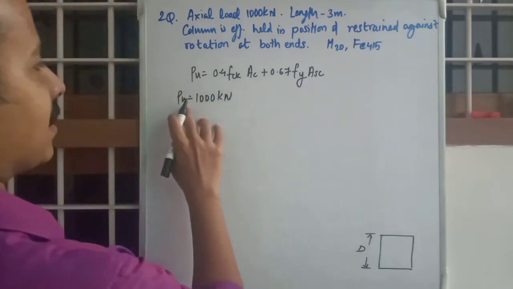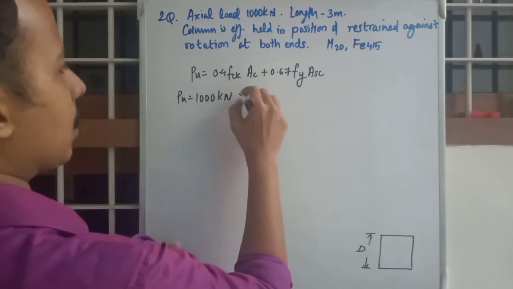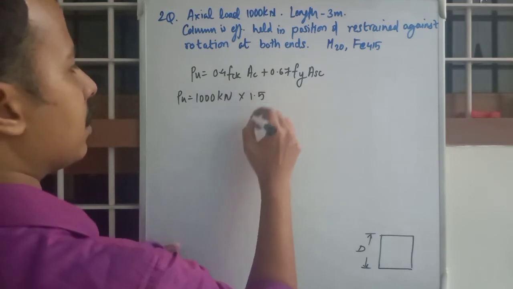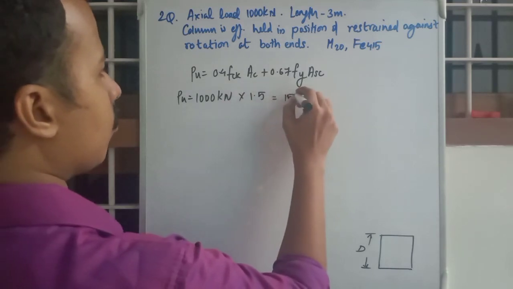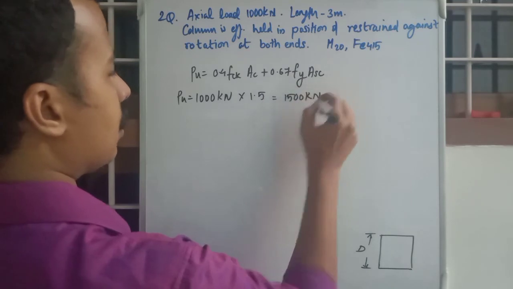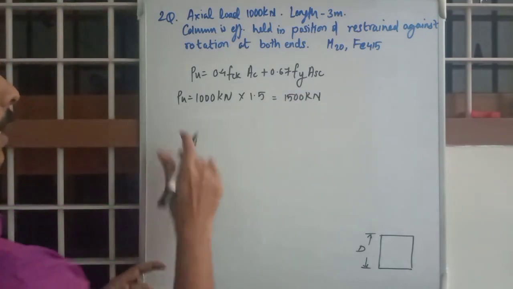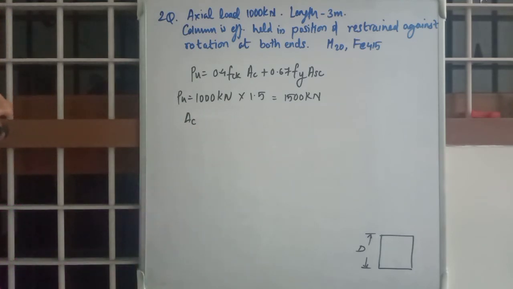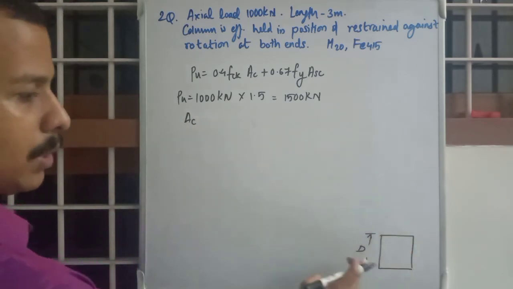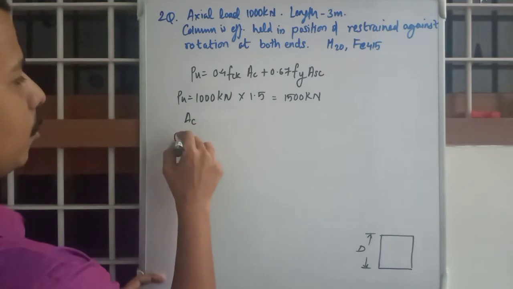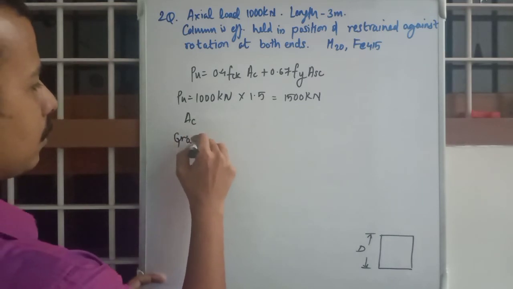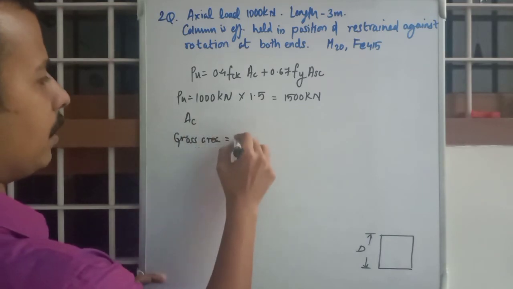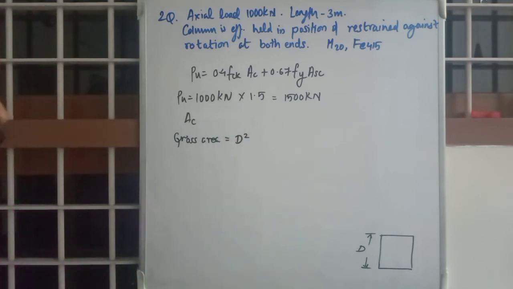So 1000 kN multiplied with 1.5, that is 1500 kN. And for the area, if you are assuming the side as D, the gross area will be equal to D square, right?